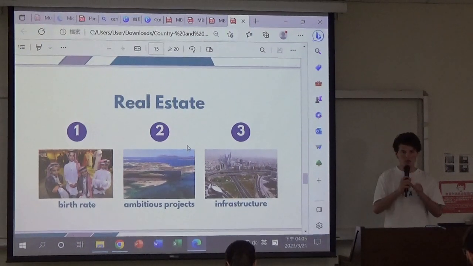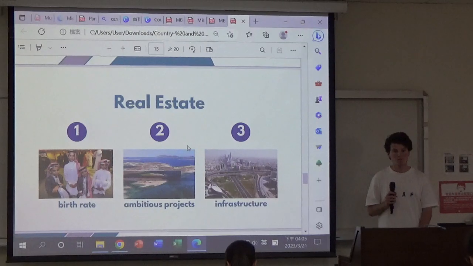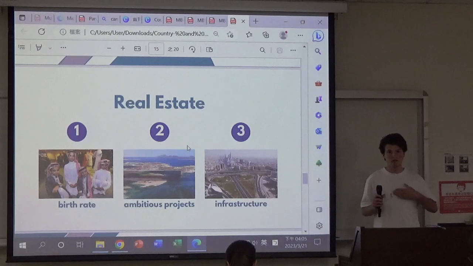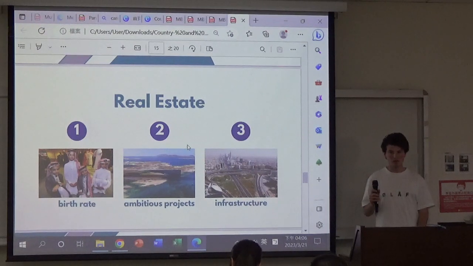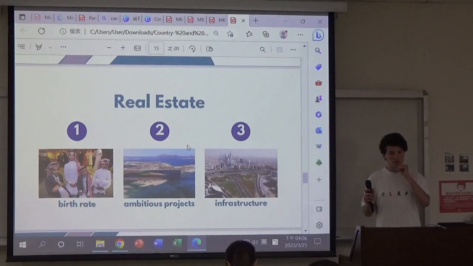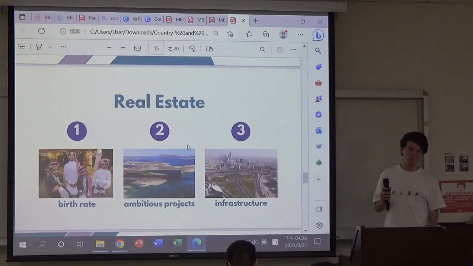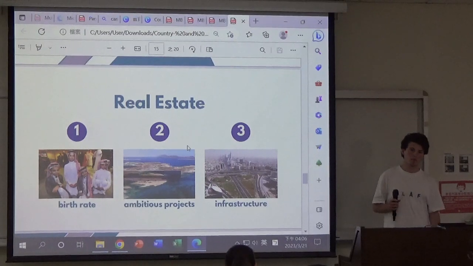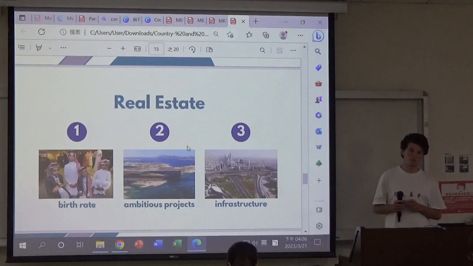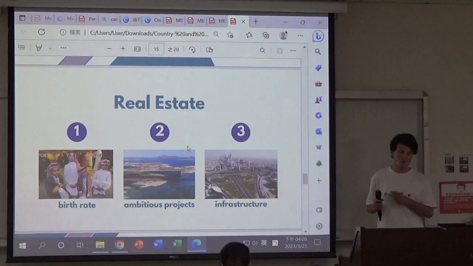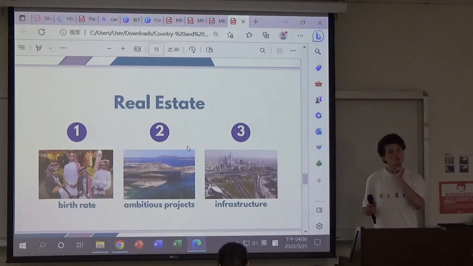So really diversify it. And maybe just a little suggestion: in countries with strong government power and monarchy, they may have poor government decisions, so you should be very cautious selecting your projects.